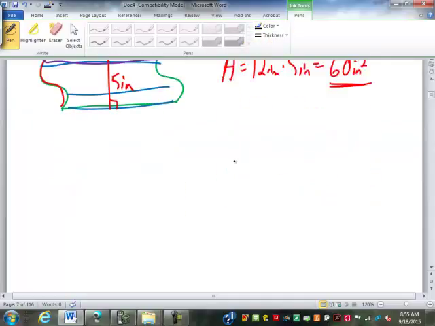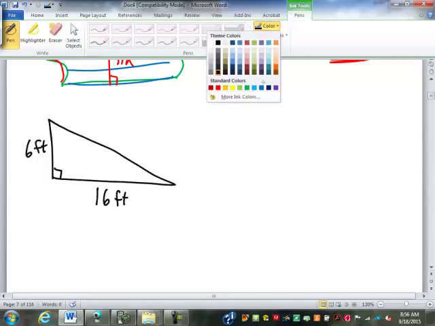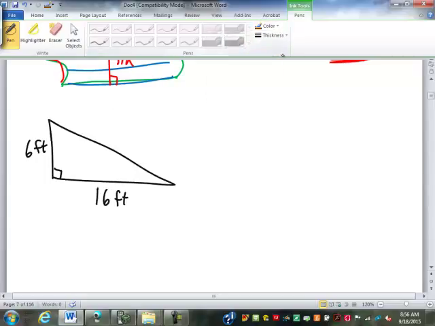Well, what if we have a triangle? What if we have 16 feet here, and this is, well, let's go with 6 feet. Well, the only thing that we have area defined for is basically a rectangle or derivations of a rectangle.